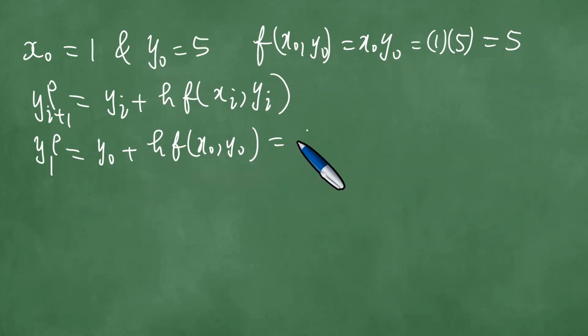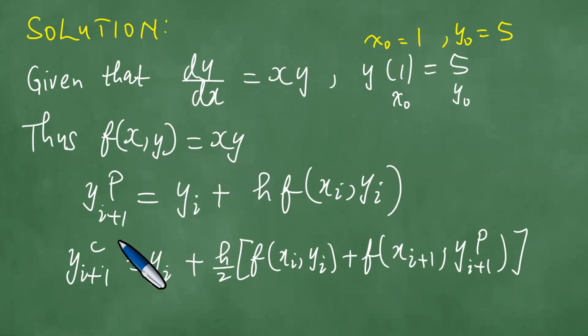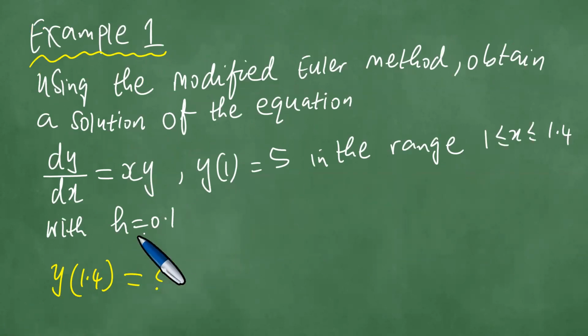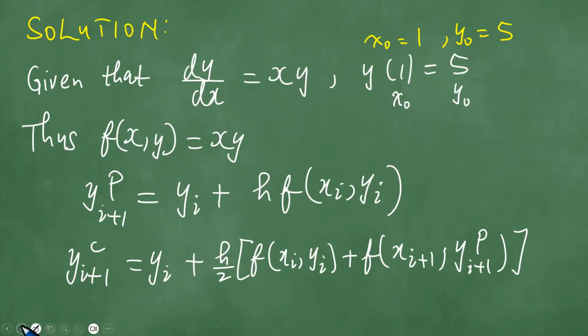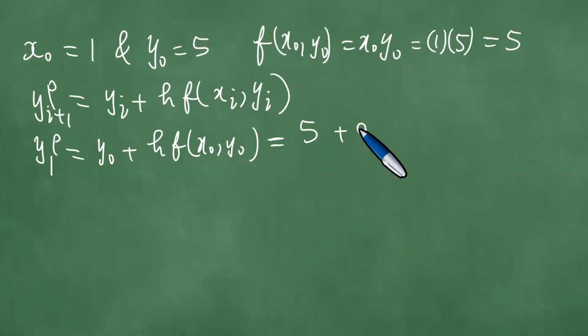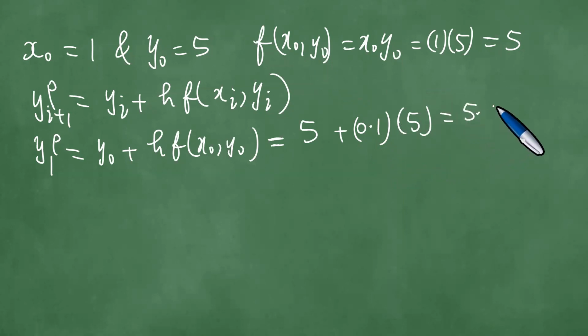What is y0? 5. What is h here? It is 0.1. So you're going to use 0.1 times f of x0, y0. You have 5. And this is exactly 5.5, because this one is 0.5 plus 5, which is 5.5.